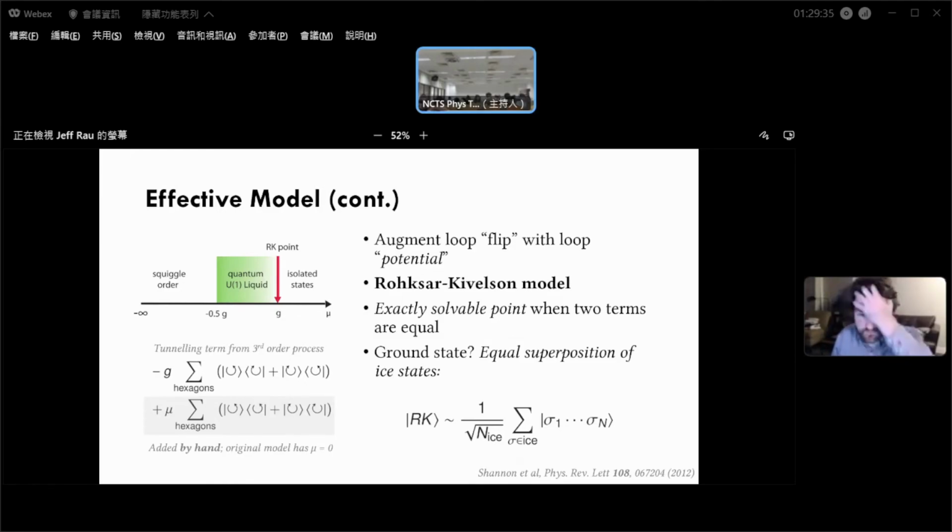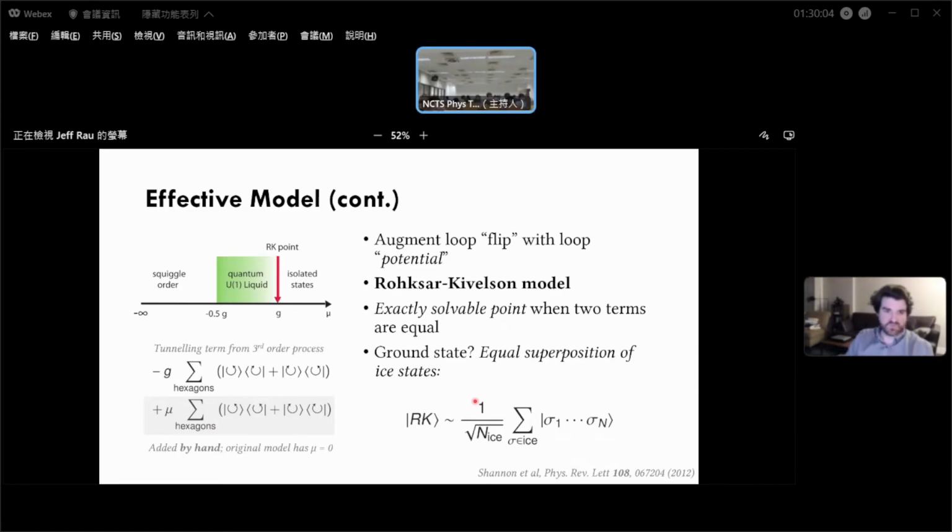This is something that's been studied in other contexts, mainly dimer models, and it's called a Rokhsar-Kivelson model. If you make this potential term and this tunneling term equal, it turns out you can write down the exact ground state of this model. The exact ground state is just a complete superposition of all the states in the degenerate manifold.